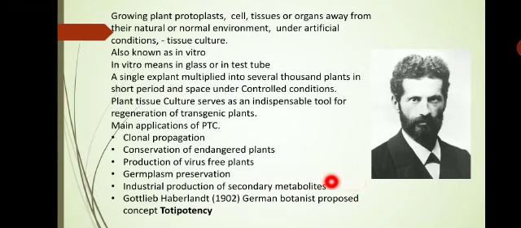That concept was proposed by Gottlieb Haberlandt, the German botanist. He was also the father of plant tissue culture, because he proposed the concept of totipotency with the help of mesophyll cells of Lamium purpureum in a culture medium. That culture medium is helpful for the tissue culture technique. Only then was he called the father of tissue culture.